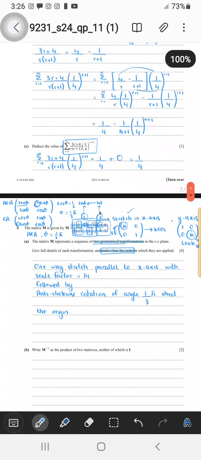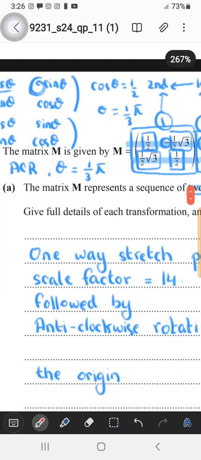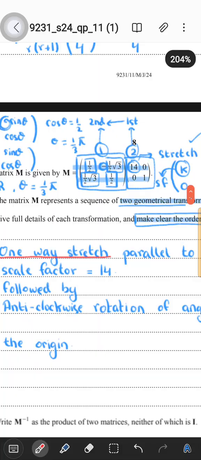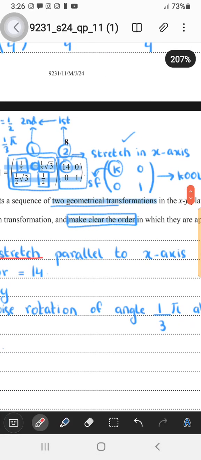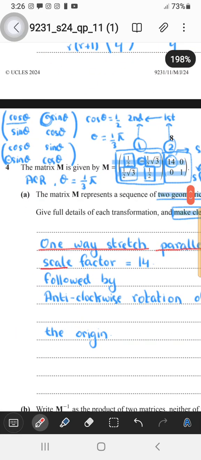Let me tell you what are important things to write in our answer. We have to write one way stretch. This is an important thing in our answer. Then parallel to x-axis, and then scale factor.